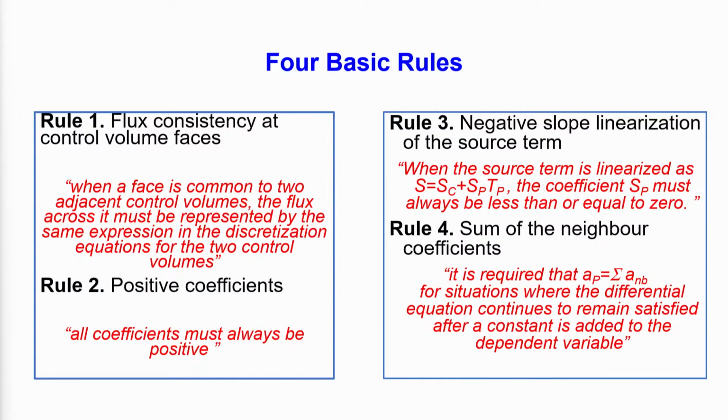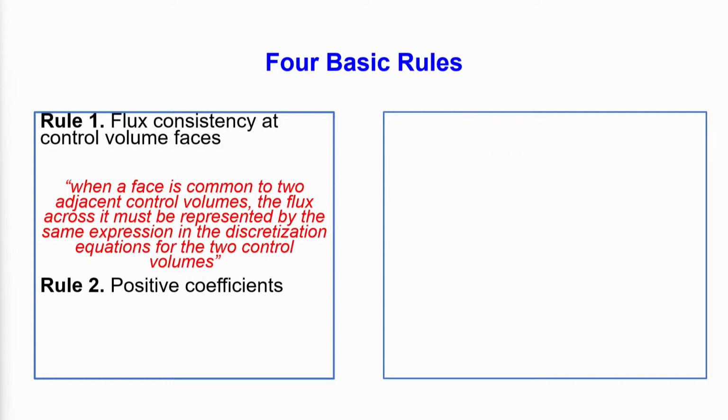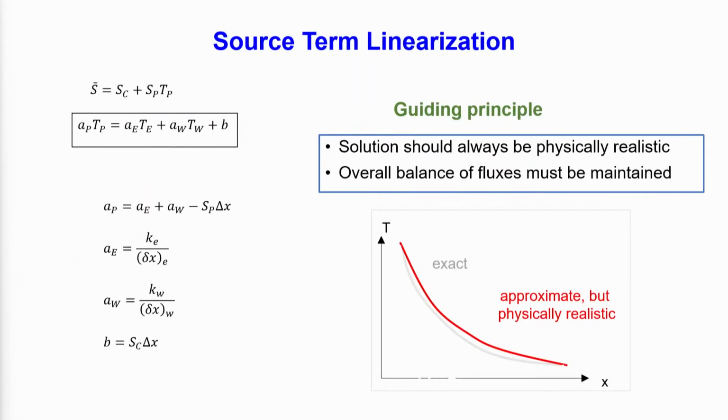Rule 2: all coefficients of the discretization equation must be positive. The more fundamental way of saying it is that all the coefficients should be of the same sign, positive or negative. If you look into that, see the coefficients AP, AE, AW. AE is positive because it is thermal conductivity by some physical length, and AW is positive.